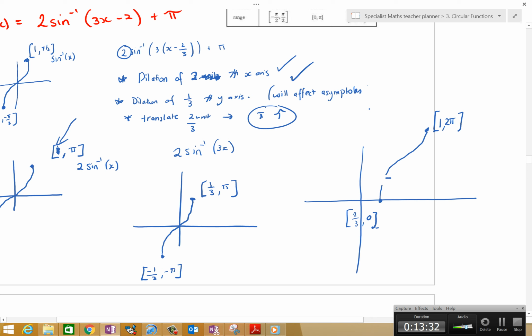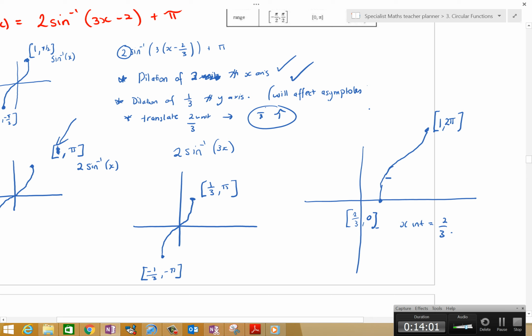Now then, when you deal with these, don't go finding x-intercepts or whatever. Shh, get the shape right. Get the shape right, because in this case we know that we don't have to bother looking for a y-intercept. We can just look for an x, and then we don't even have to do that, because with transformations we know that the x-intercept is equal to, sorry, 1/3. We've moved it across 2/3.